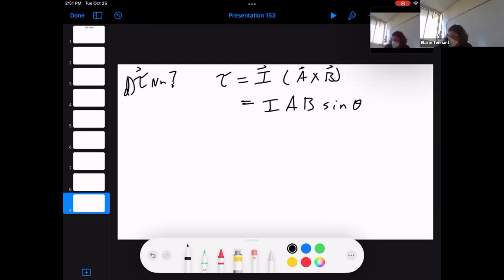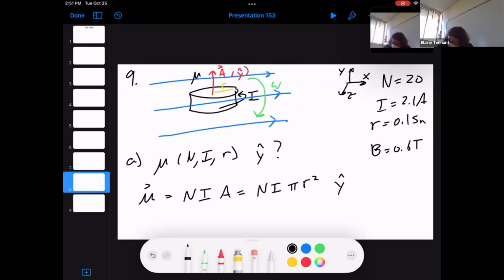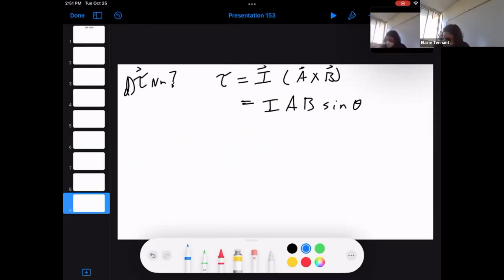So we've dealt with the direction. Theta is the angle between the area vector and the magnetic field. For this picture where we're starting out, what is that angle between the area vector and the magnetic field? 90. I like 90. And what is the sine of 90? 1. Solid.